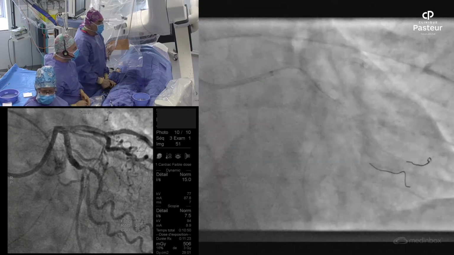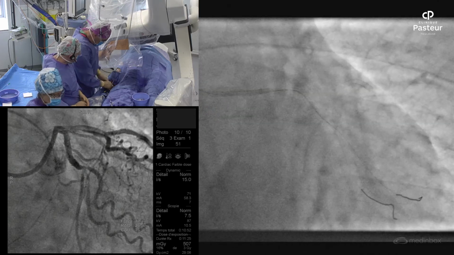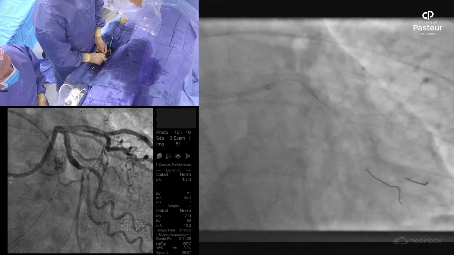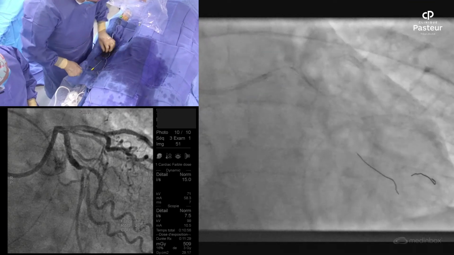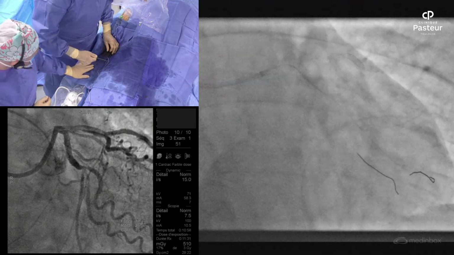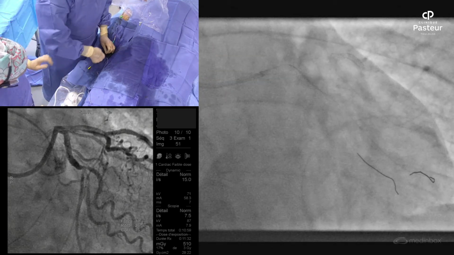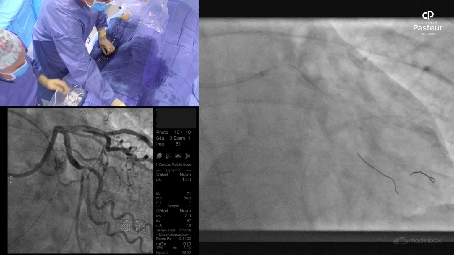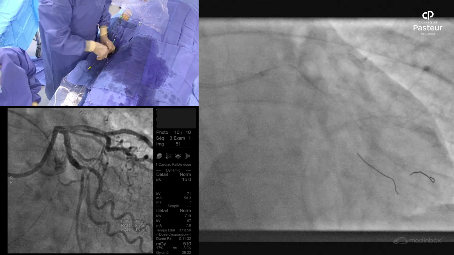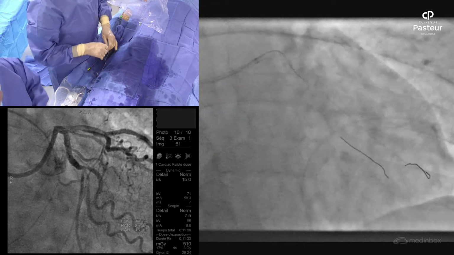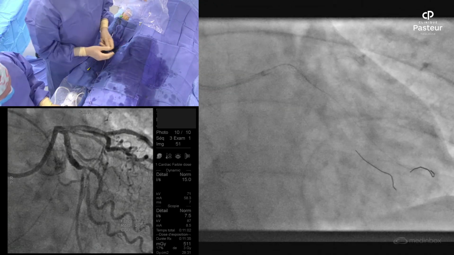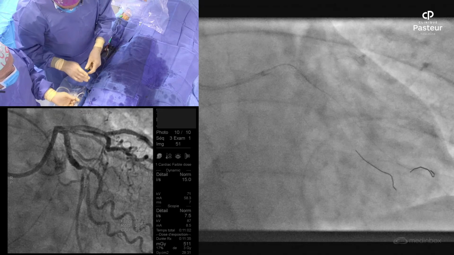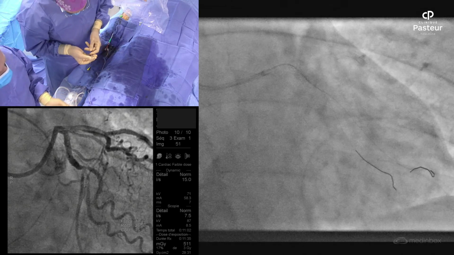So we remove back the balloon from the first OM. Leave the two wires in the distality, and you see that I use the fluoroscopy all the time when we are doing this kind of maneuver, because we absolutely need to avoid removing one of the wires, or sometimes the two wires.